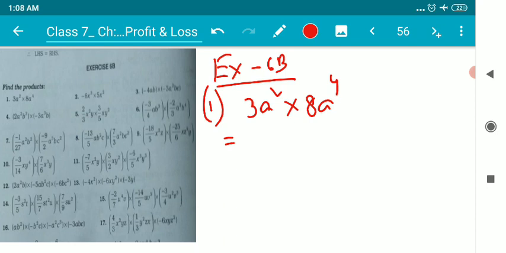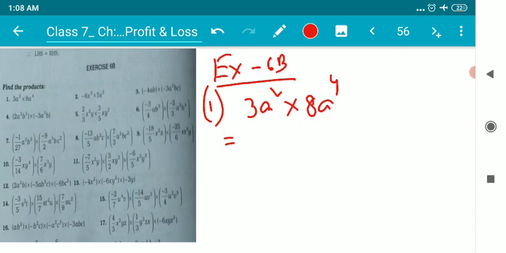Children, we have to recall a bit of the concepts of exponential laws, which I have already explained in the previous classes. The rule of multiplying algebraic expressions is that numerical values will be multiplied with numerical values and variables will be multiplied with variables. I repeat, numericals will be multiplied with numericals and variables will be multiplied with variables.